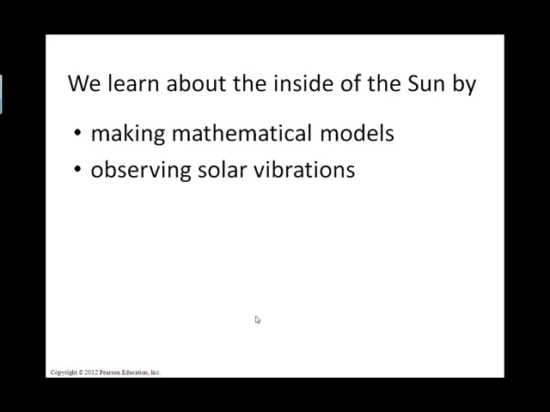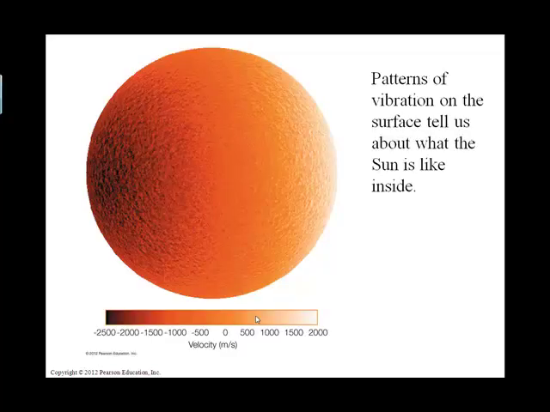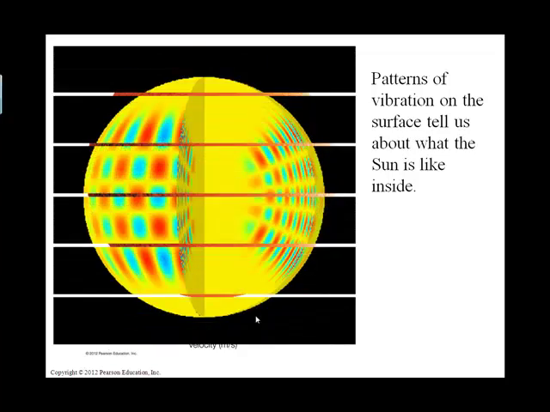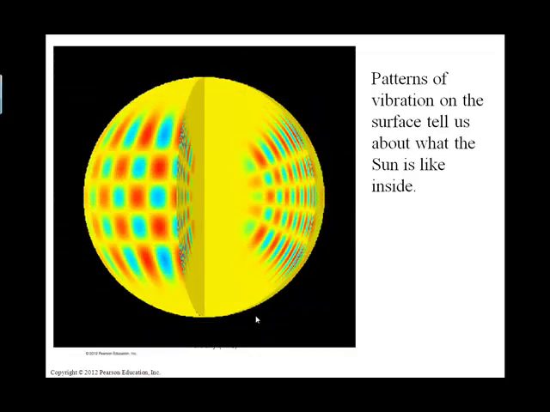So we learn about the sun by making mathematical models, observing solar vibrations, and looking for those cute little tiny subatomic particles called neutrinos. Remember when we talked a few slides ago about nuclear fusion in the sun's core, we said neutrinos were kicked out. The vibrations of the sun we can map, and they form a very beautiful, symmetrical sort of thing.